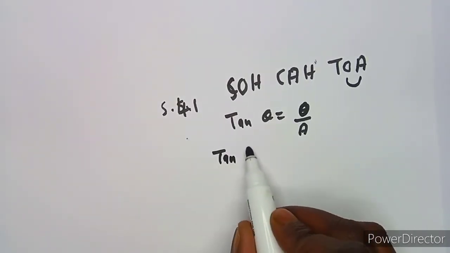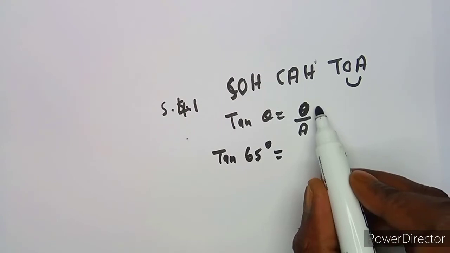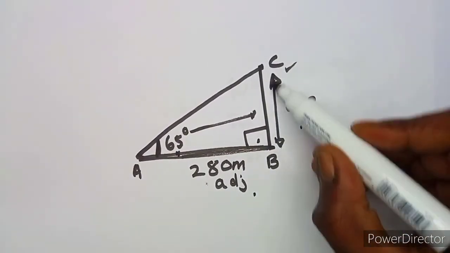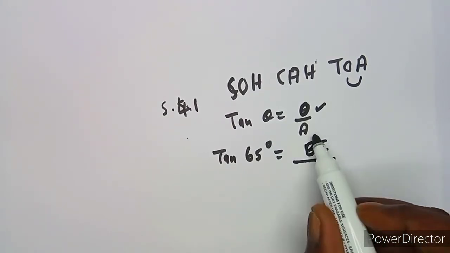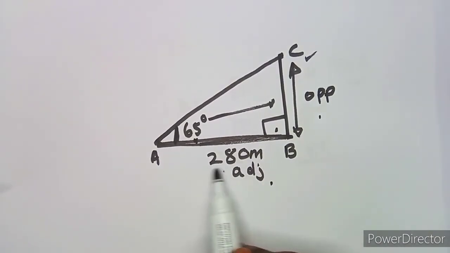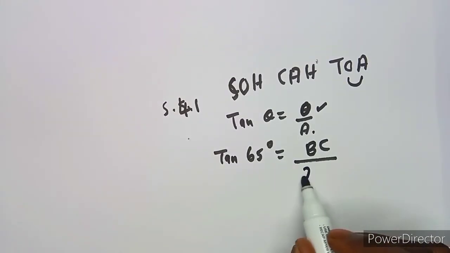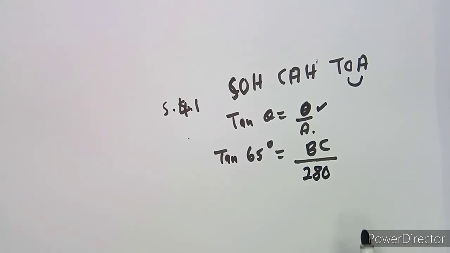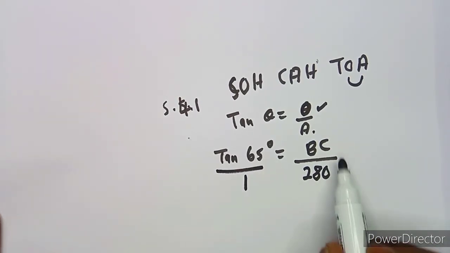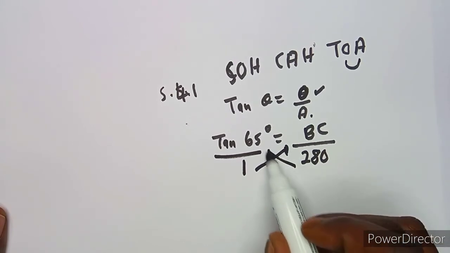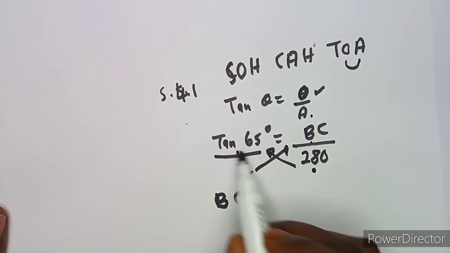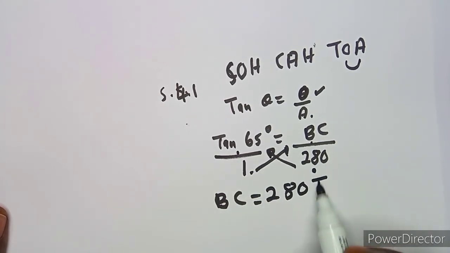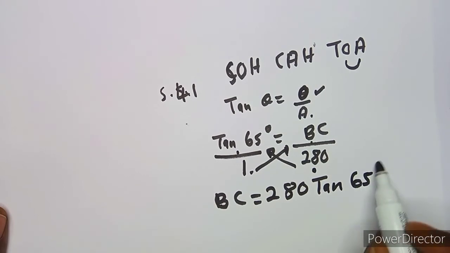So tan 65 degrees is equal to opposite, which is the side that you want to calculate, BC, over the adjacent, which is your AB, which is 280. So you can calculate BC, which is the height, by cross multiplying. BC is equal to 280 times tan 65 degrees.